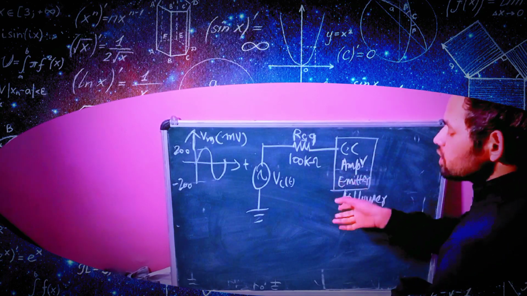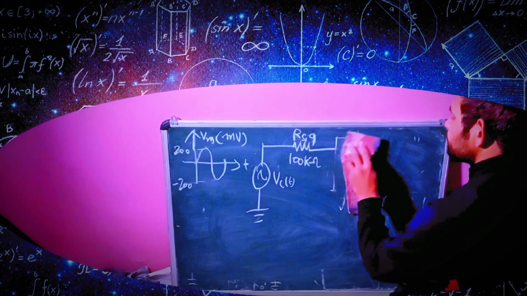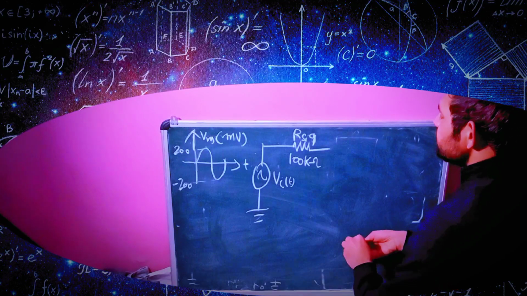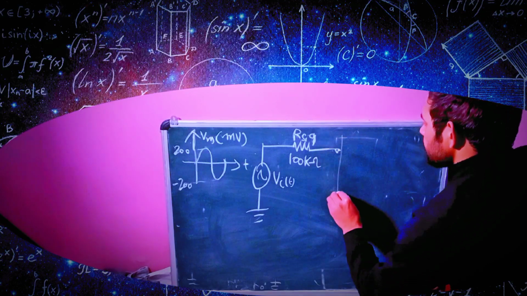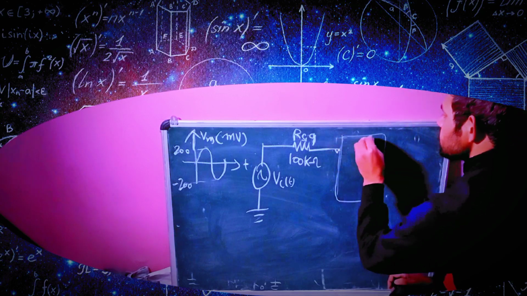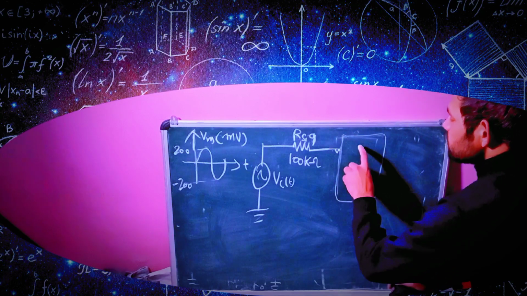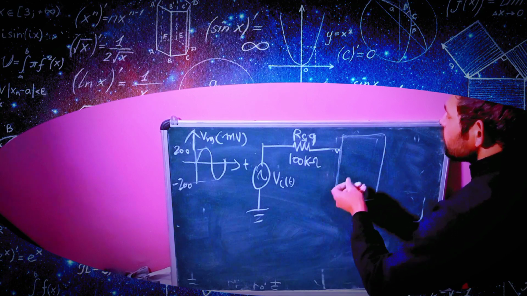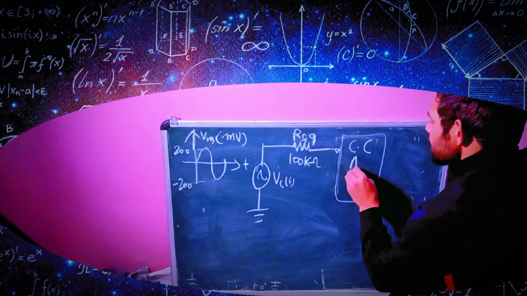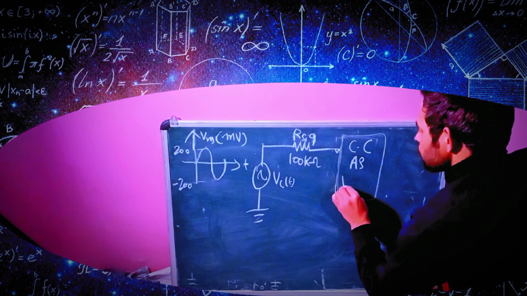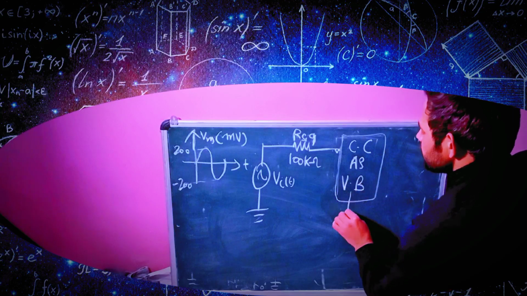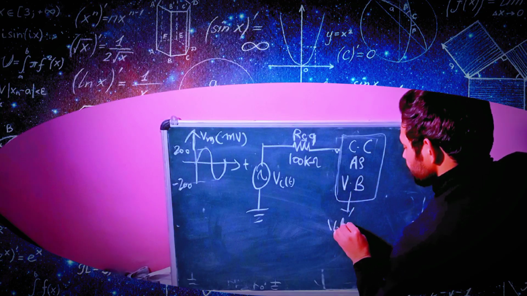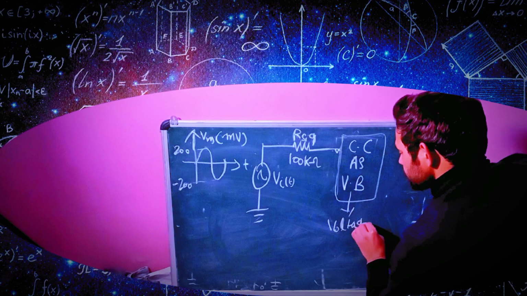Let's say I'm representing it like this: this is my voltage buffer circuit, the common collector amplifier as a voltage buffer. VB here means voltage buffer circuit.